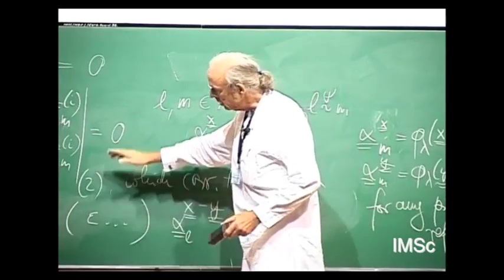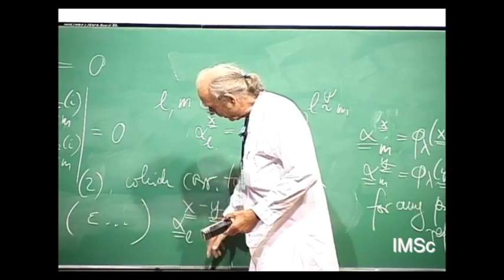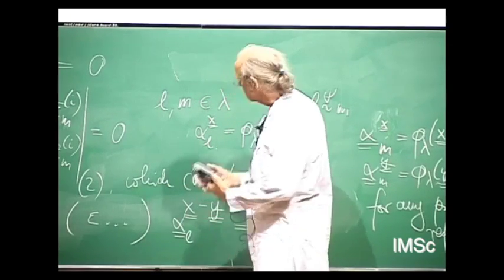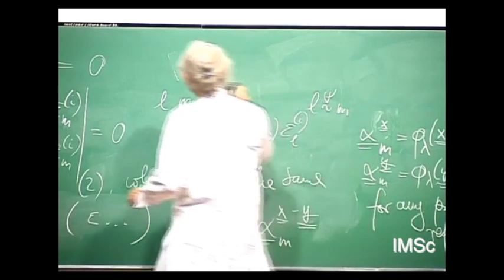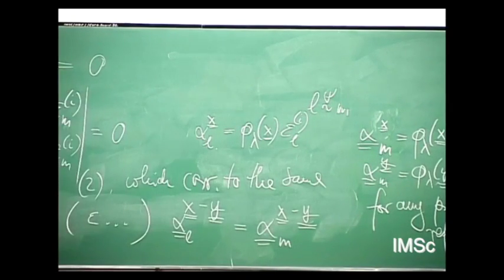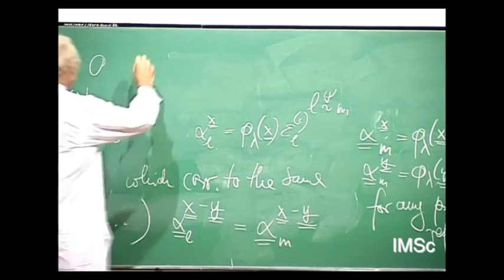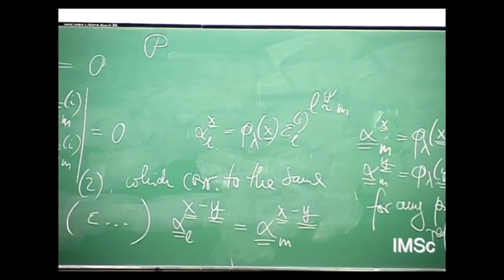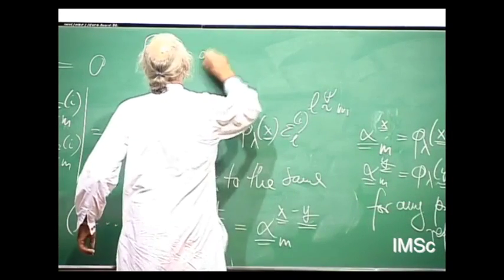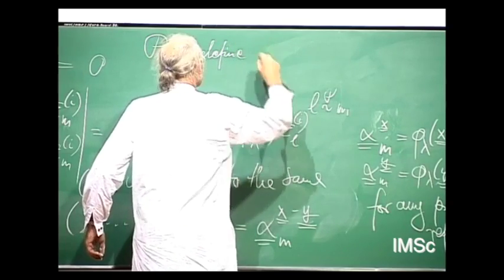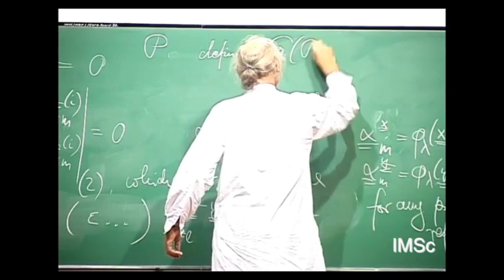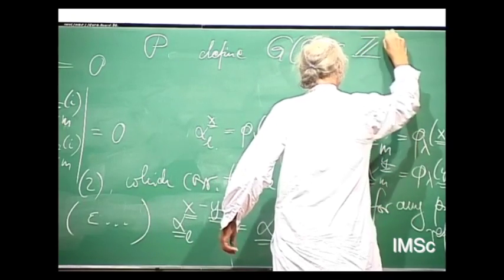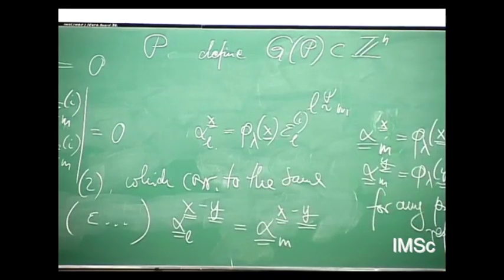I try now to formulate these considerations in other words, and what we have just seen is the following. If we have our partition P, we define what I call the relation group for our partition. We define the subgroup G of P, the subgroup of Z to the N, in the following way.